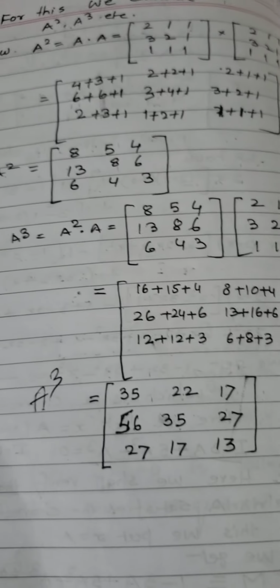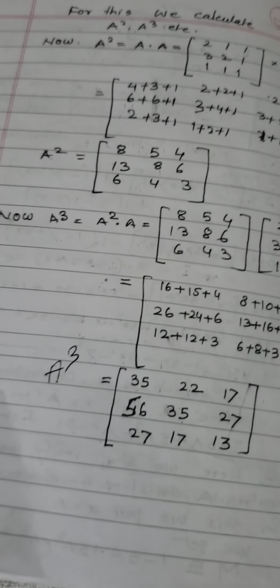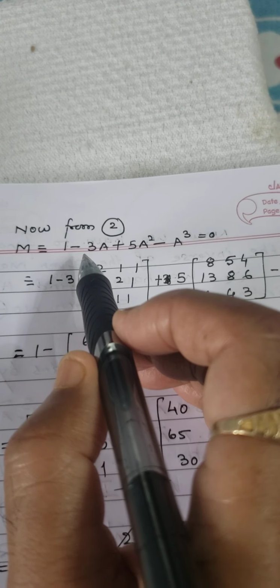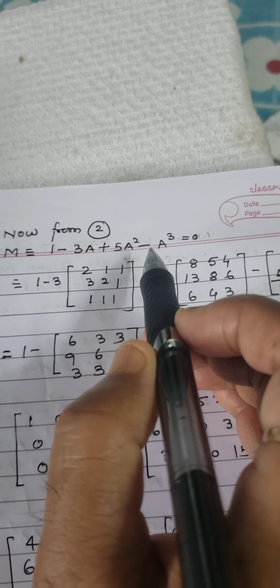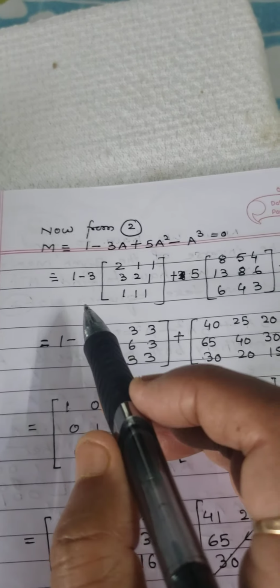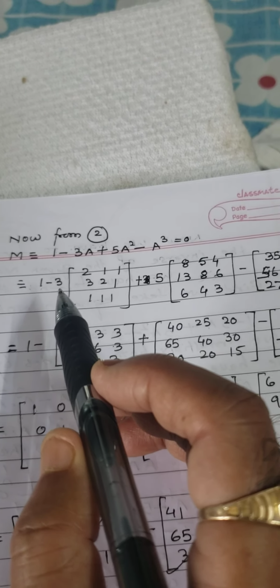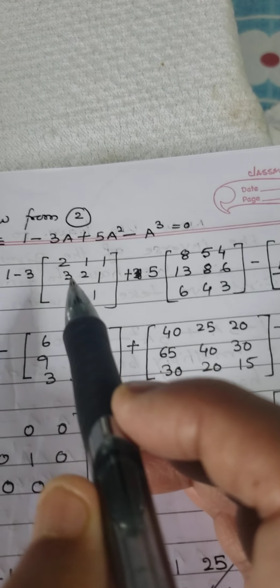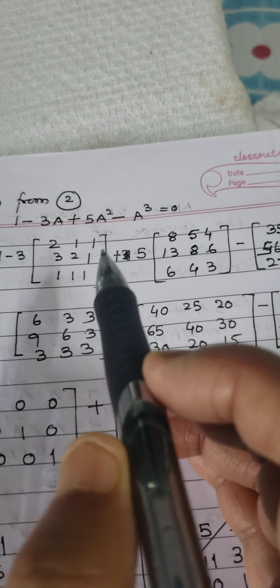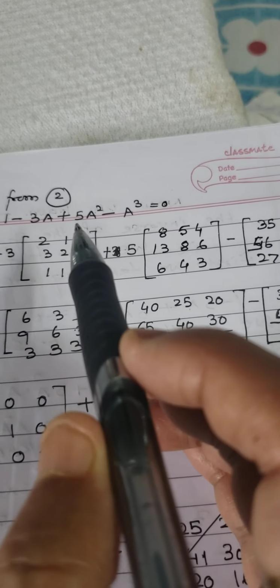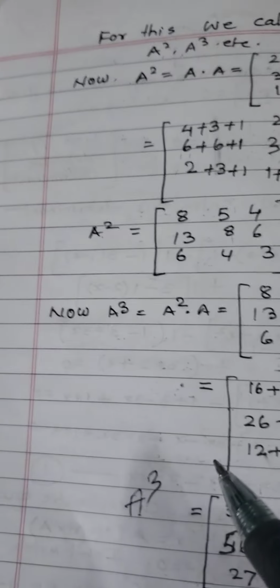After completing this calculation, we put these values in the equation I minus 3A plus 5A square minus A cube is equal to 0. This is the matrix equivalent. We put these values: I, minus 3 times A, where A means the given matrix A, plus 5 into A square, which you already found out.